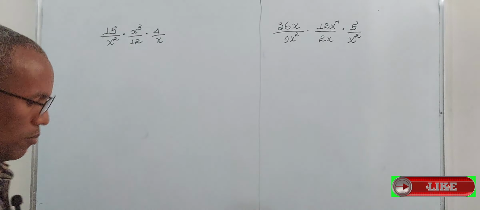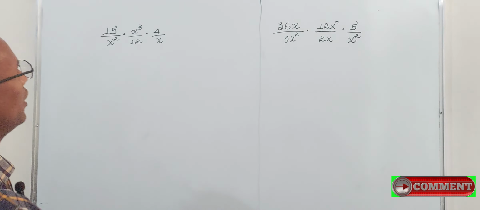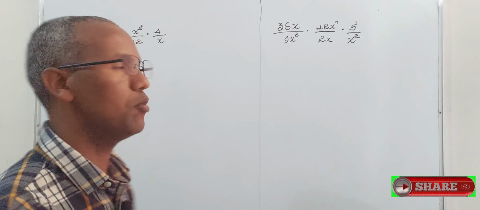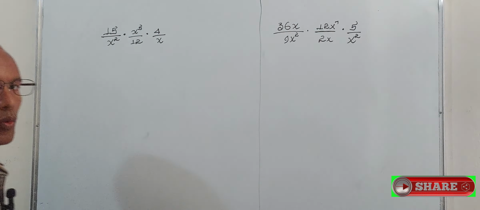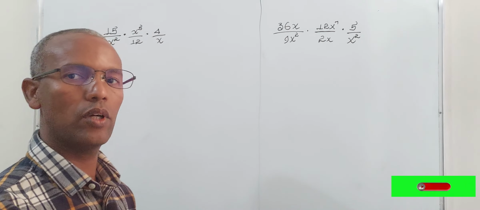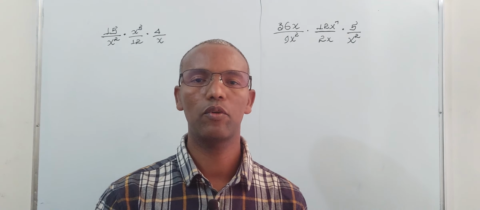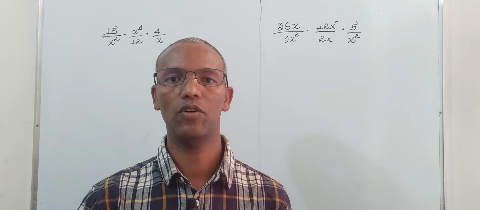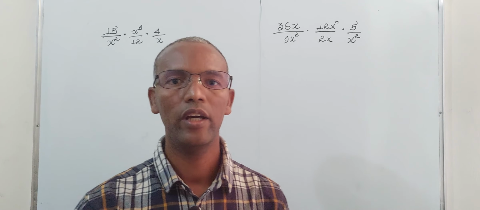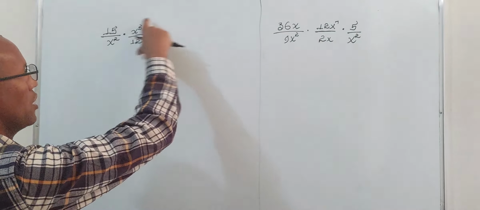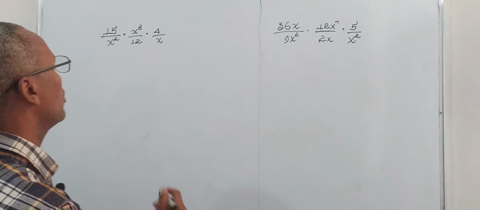So normally when we have these kinds of questions, we can multiply numerator with numerator as well as denominator with denominator. Okay, but I'm going to show you a much better way to simplify these kinds of questions.